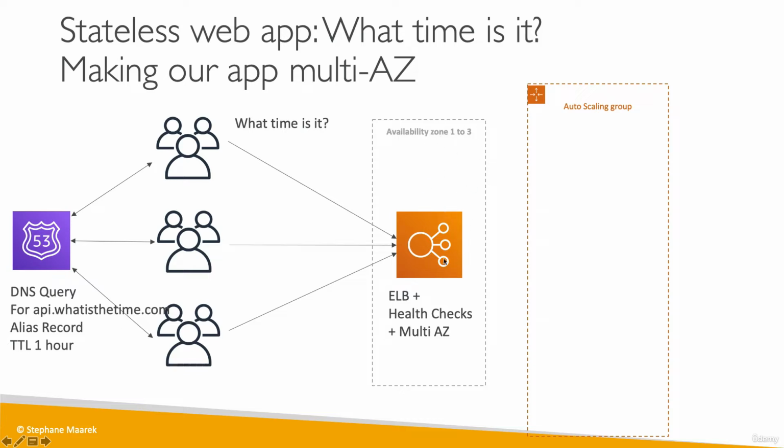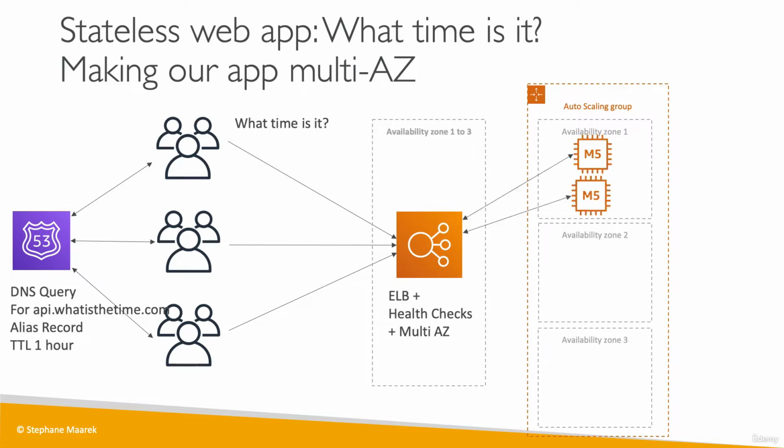So 3 AZs for this ELB, and our auto-scaling group as well is going to span across multiple AZs, and this allows us maybe to have 2 instances in AZ1, 2 instances in AZ2, and 1 instance in AZ3. And so the cool thing now is that, oh great, if AZ1 goes down, well, we'll still have AZ2 and AZ3 to serve our traffic to our users, and we effectively made our app multi-AZ and highly available and resilient to failure. Pretty awesome, right?